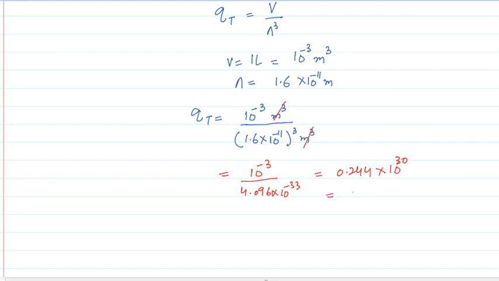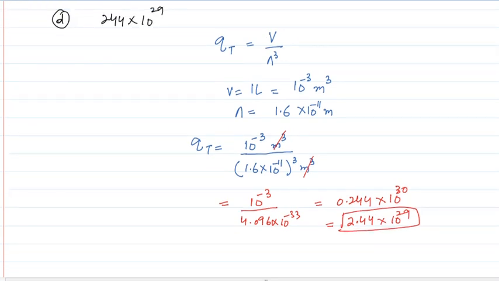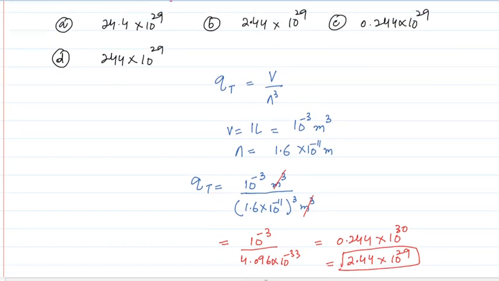Or we can write it in this form, 2.44 into 10 raised to power 29. So the option that is right will be option number 2. So this is how questions based on translational partition functions are solved.